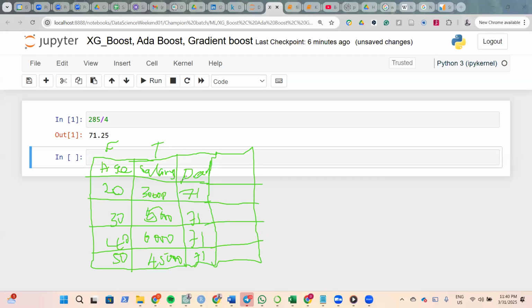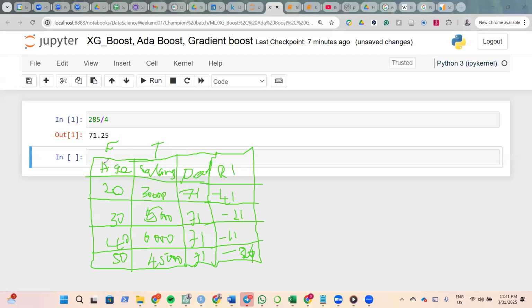So 30 minus 71 is going to be minus 41, then minus 21, minus 11, and 45 minus 71 is minus 26. So this is going to be our residual one.